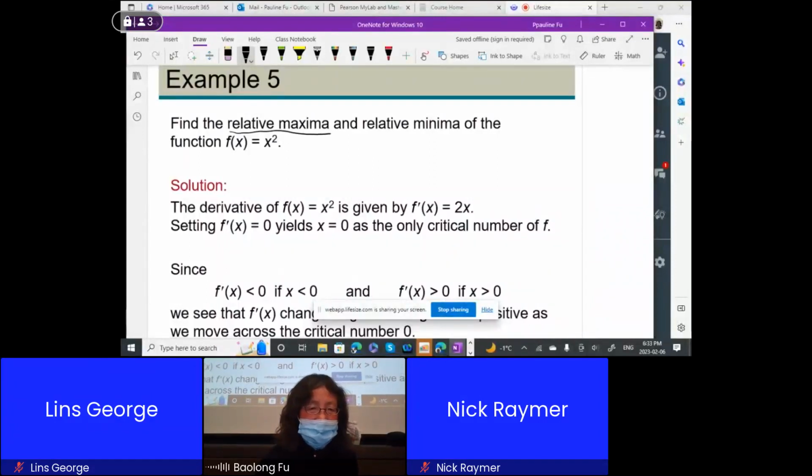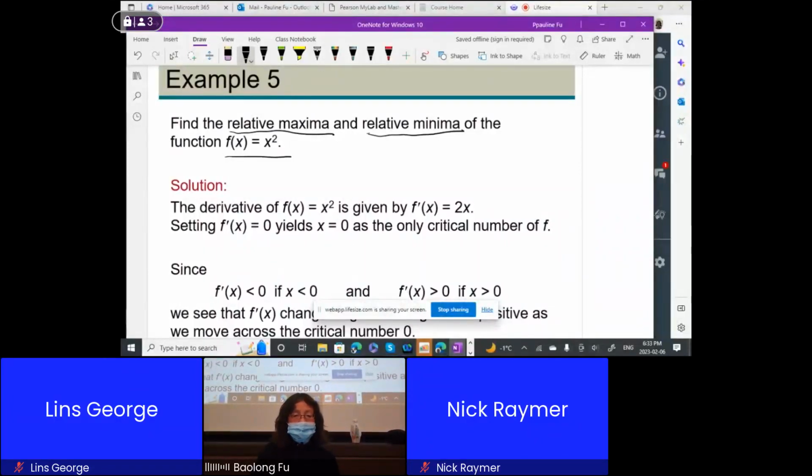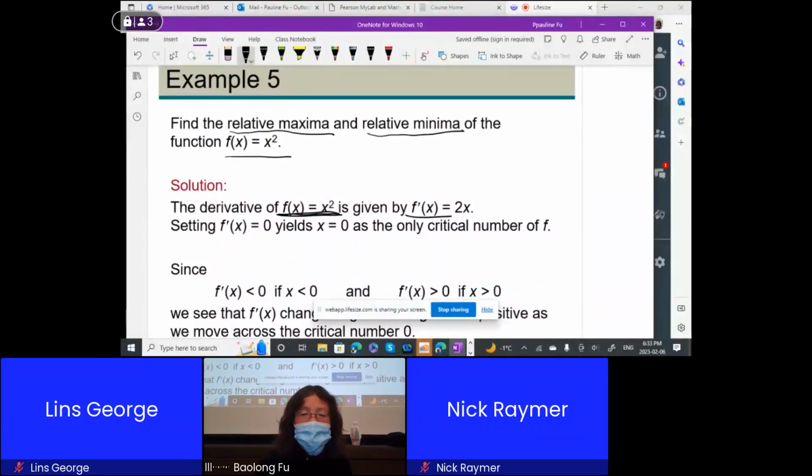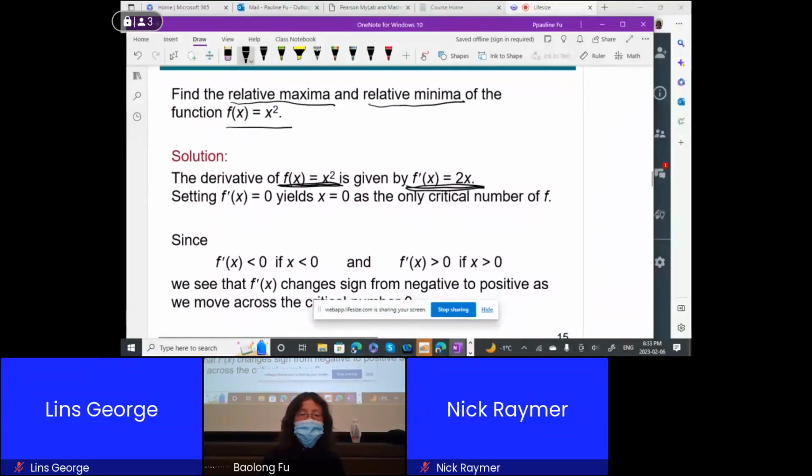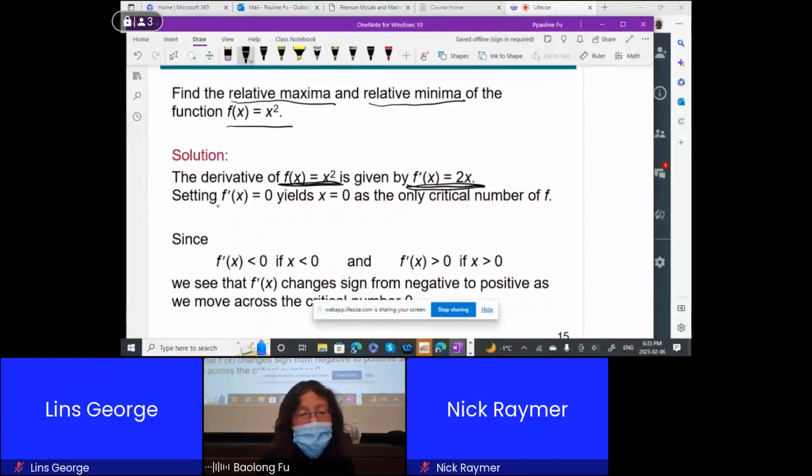Find the relative maxima and the relative minima for f of x equal to x squared. So how do we find them? First, we need to take the derivative of f of x. It is 2x. The derivative of x squared is 2x. And then we let the derivative equal 0. We get x equal to 0.